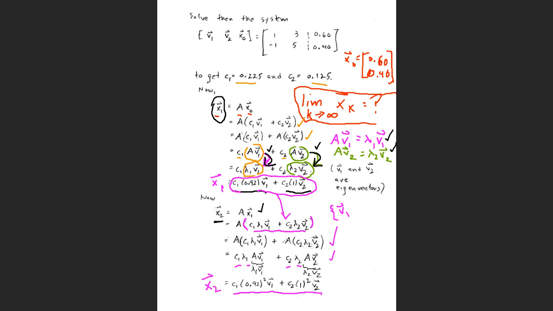This is x sub 2. That's okay, Mikhail. Good. We're taking our time here. All right, let me just write something here. So x sub 1 equals this linear combination of the eigenvectors. x sub 2 equals this linear combination of the eigenvectors.